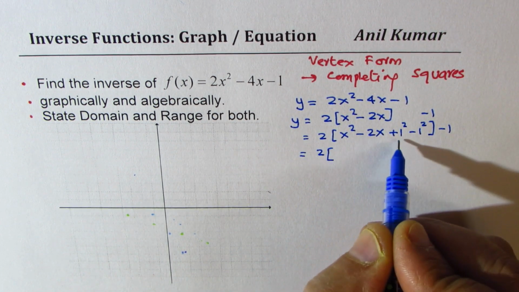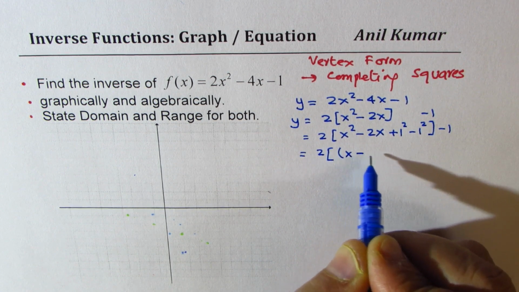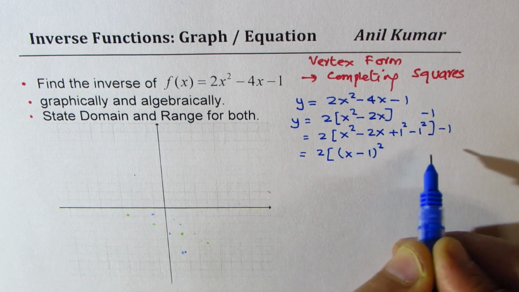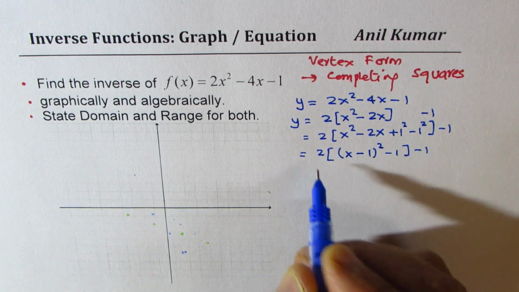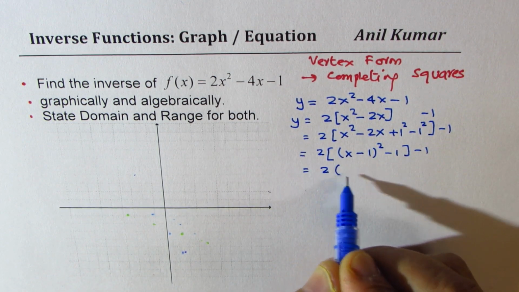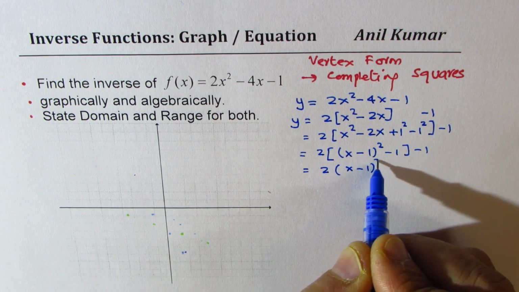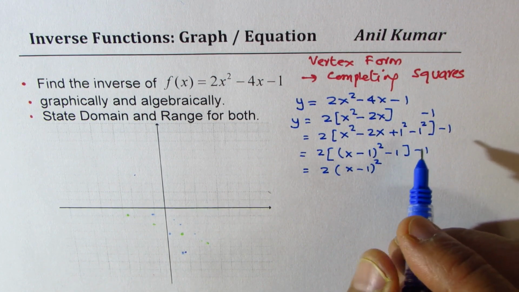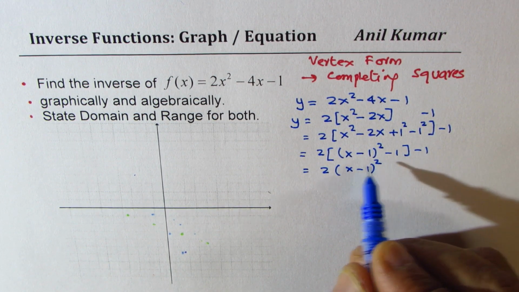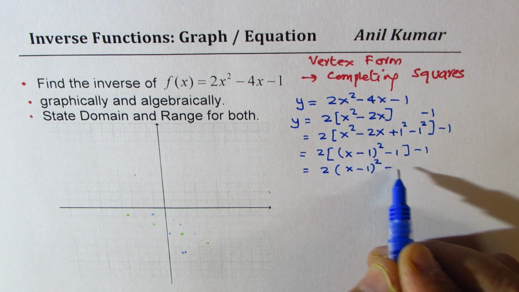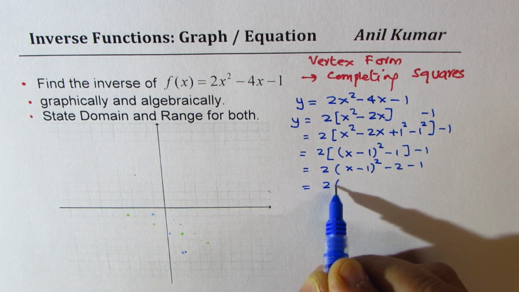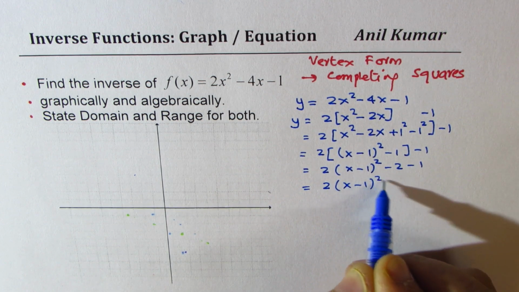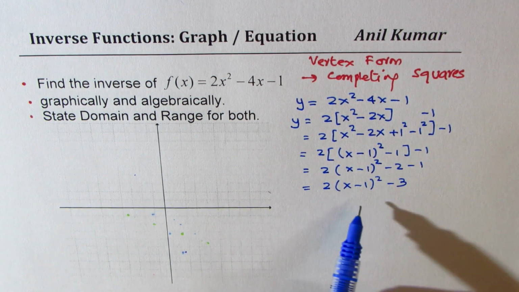That makes the first three terms a perfect square, x minus 1 whole square. The fourth term is minus 1, open the bracket, so we get 2 times x minus 1 whole square. And here we have 2 times minus 1 as minus 2 and minus 1. So now the function can be written as 2 times x minus 1 whole square minus 3.